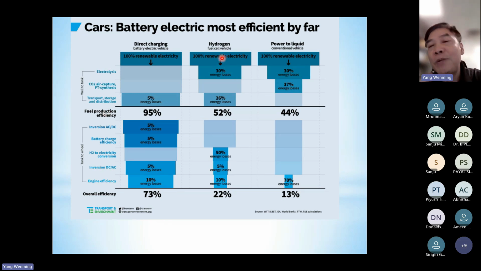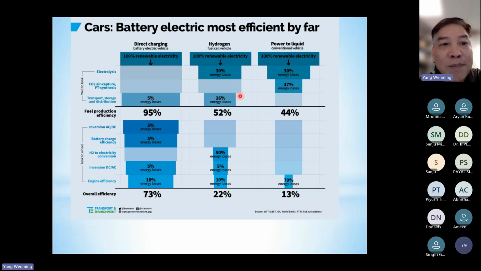Again, we start with 100% renewable electricity. Then we use this electricity to produce hydrogen. In this process, about 30% of the energy will be lost, which means from electricity to hydrogen the efficiency is about 70%.